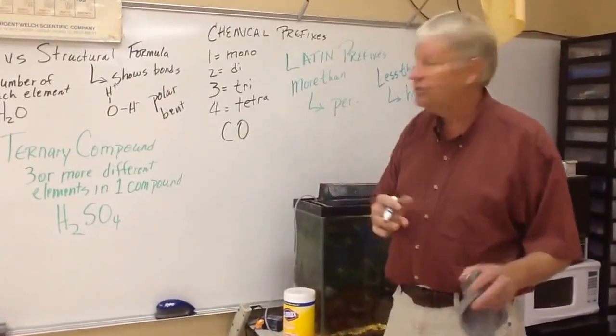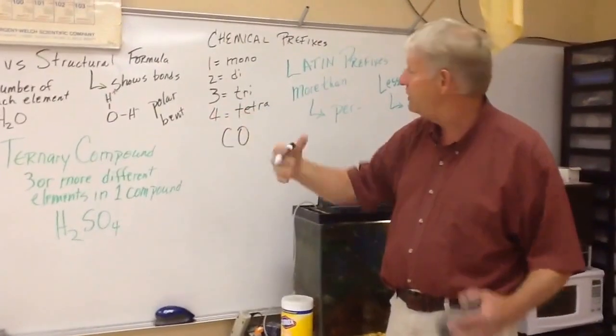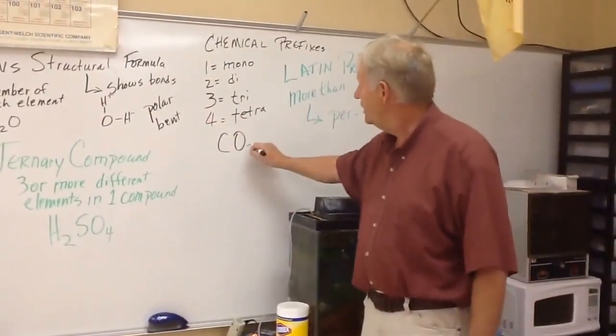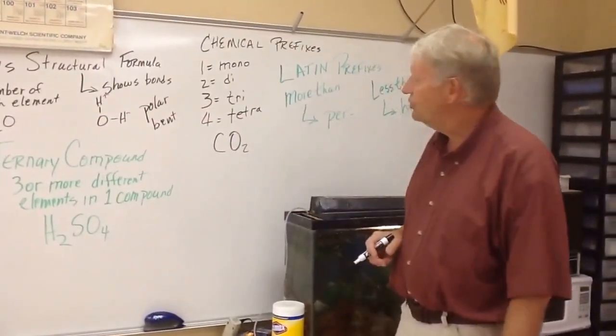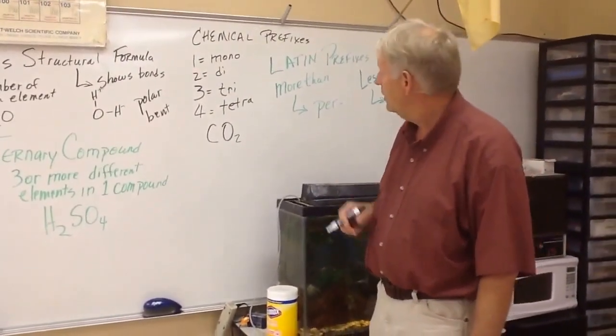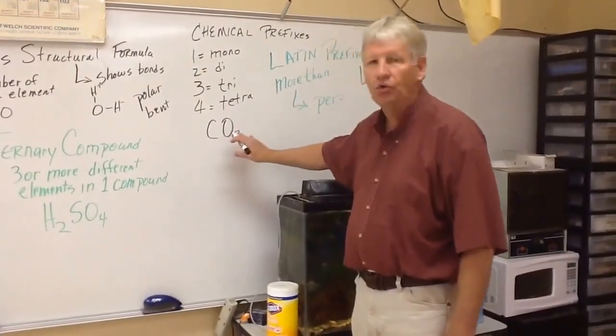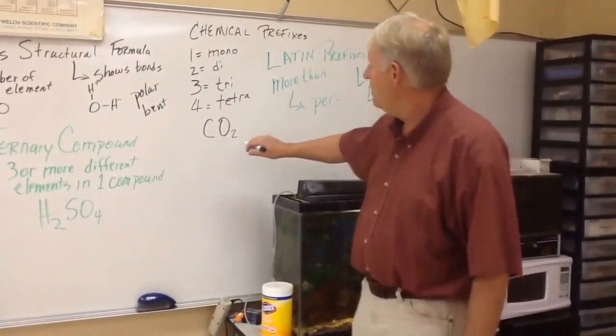But we do in the case of carbon monoxide. Now, I'm fixing to go into the nomenclature and the naming, we'll talk about this. Now, if I had right here CO2, that would be carbon dioxide. Carbon dioxide.